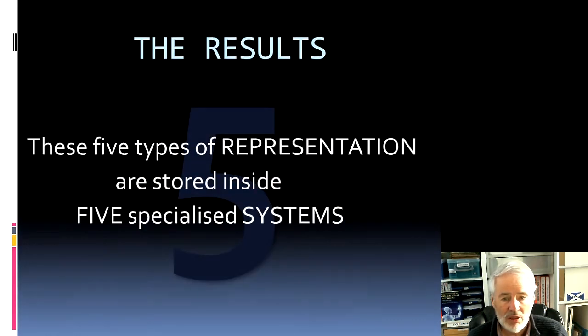So in other words, we have 5 different types of representation stored in 5 specialized systems. They're not all merged together in one sort of globular lump, but they're kept separate, and they remain separate.